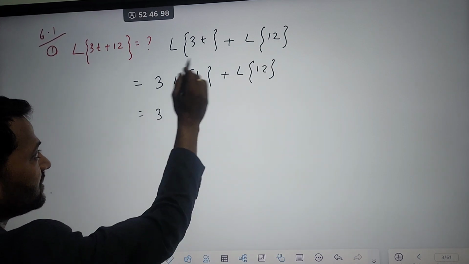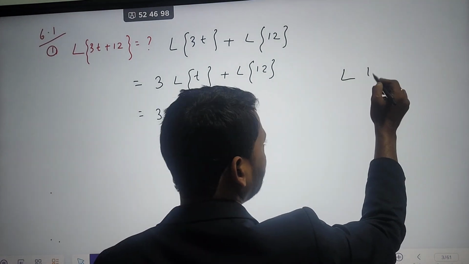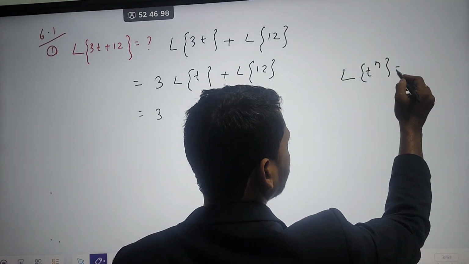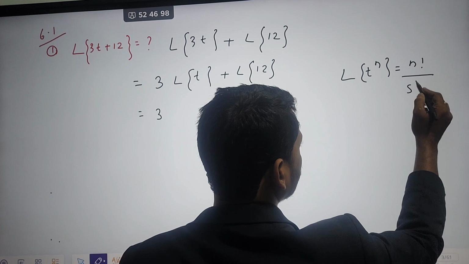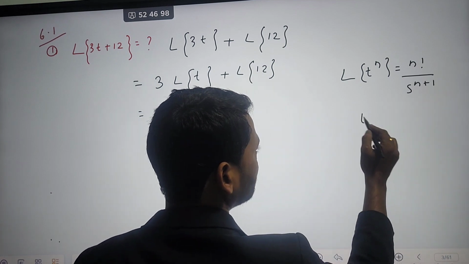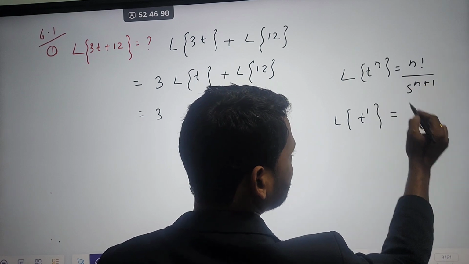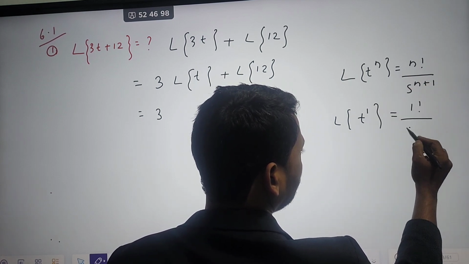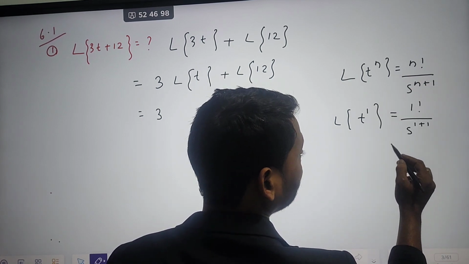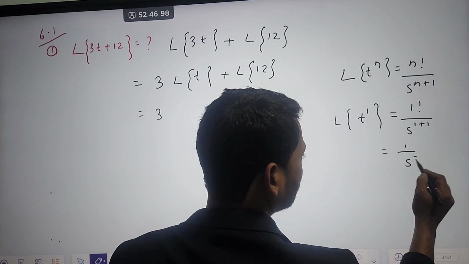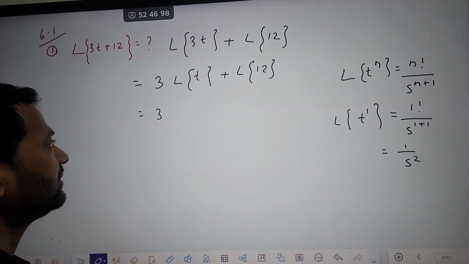Laplace of t is what? You know Laplace of t to the power n is n factorial by s to the power n plus 1. For t to the power 1, n is 1, so 1 factorial by s to the power 1 plus 1, so it is 1 by s square.